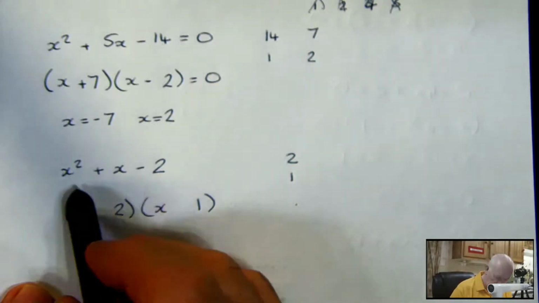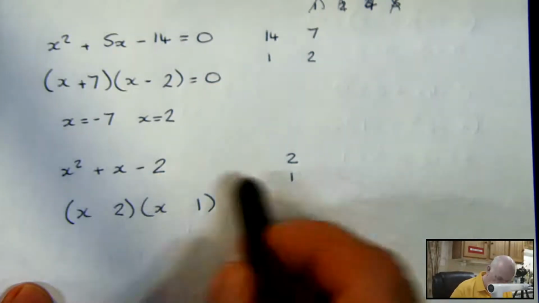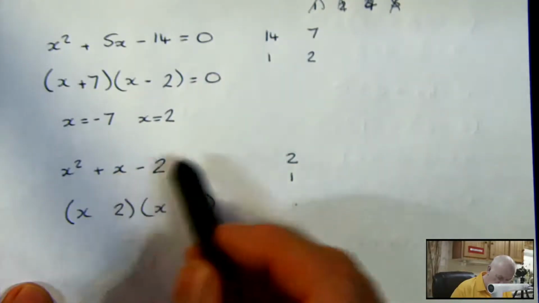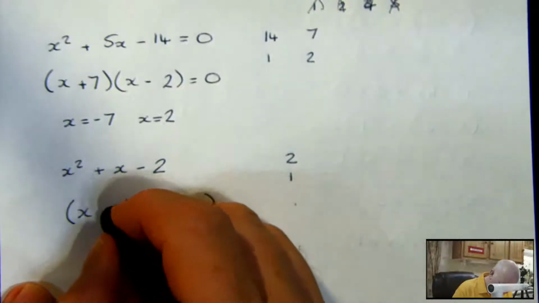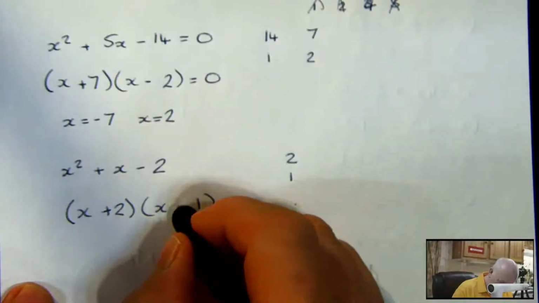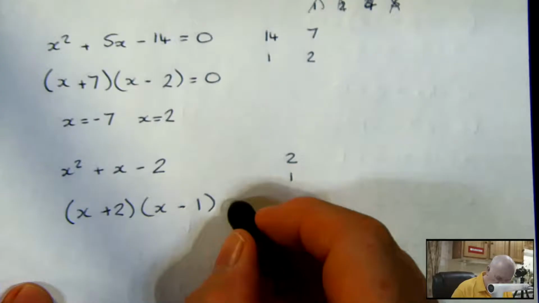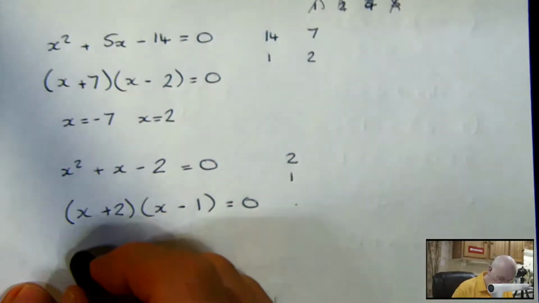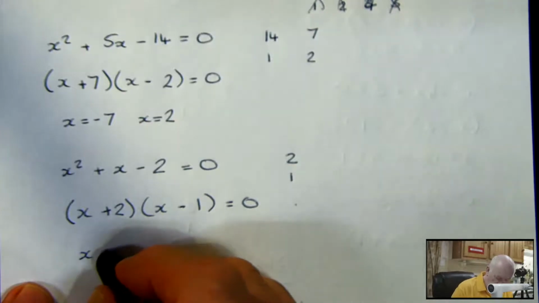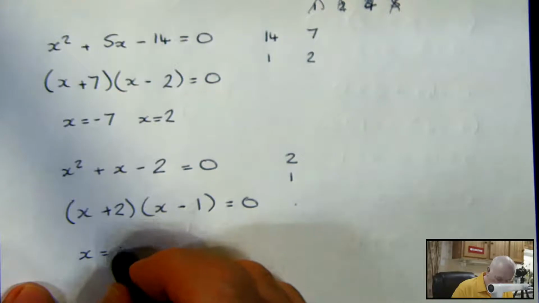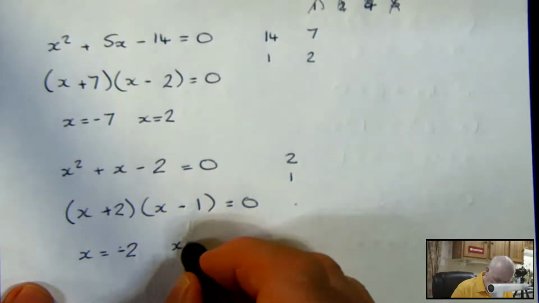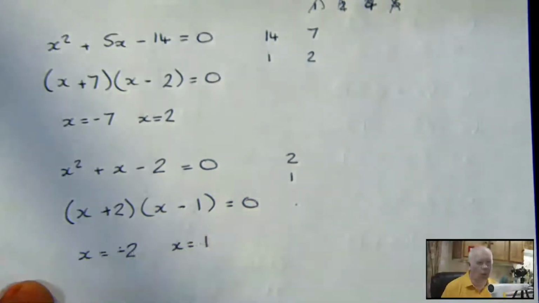So now my middle term is positive, so my largest number must be positive, and my other one is going to be negative. If we set this all equal to 0, then I can solve this, and x here is going to equal minus 2, and x here is going to equal 1.